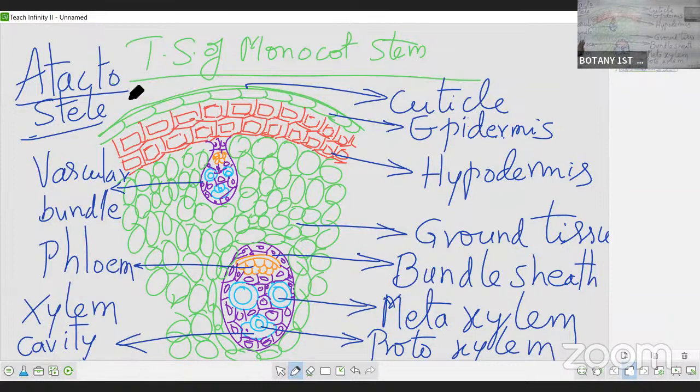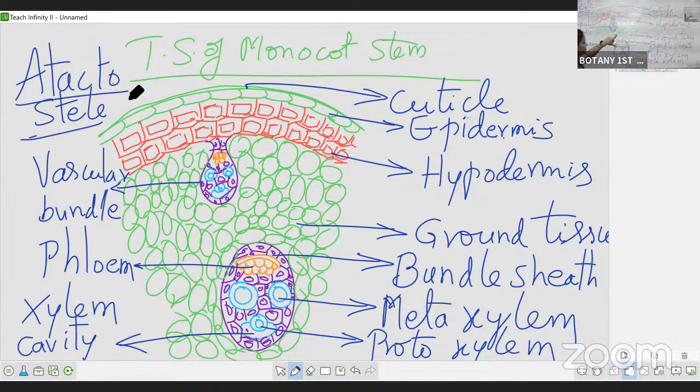And the vascular bundles are oval shaped, and the xylem and the phloem are present one above the other in the same radii. So that is the conjoint, collateral and closed type of vascular bundle. Why? Because the cambial cells are absent in between the xylem and the phloem, and they are present one above the other in the same radii.